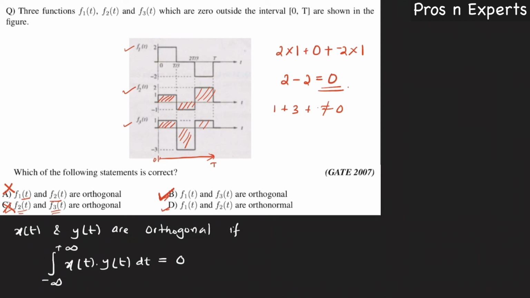We have already checked f1 and f2 in option A, and they are not orthogonal, so they are not orthonormal either. Only orthogonal signals can be orthonormal. So option D is also wrong, and the correct option is option B.